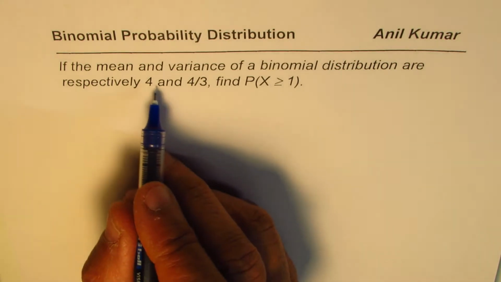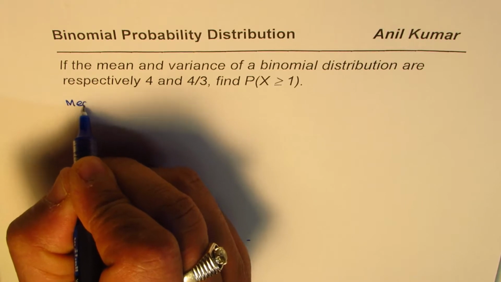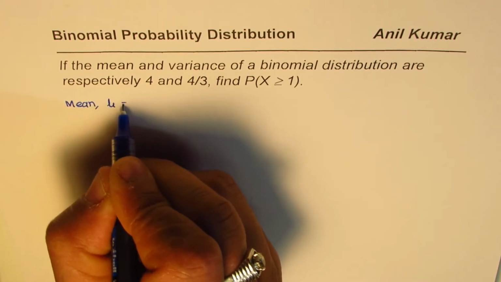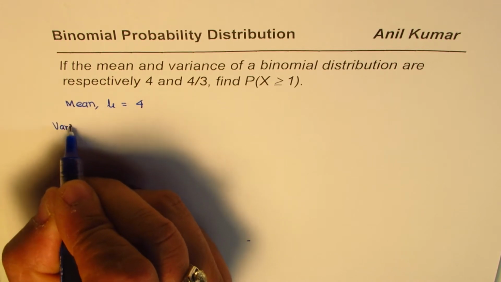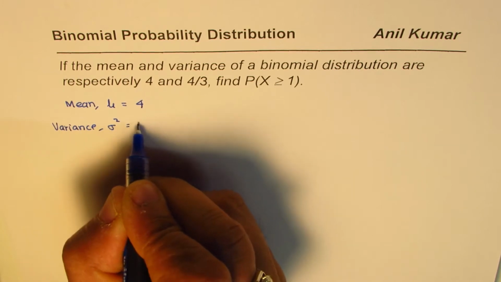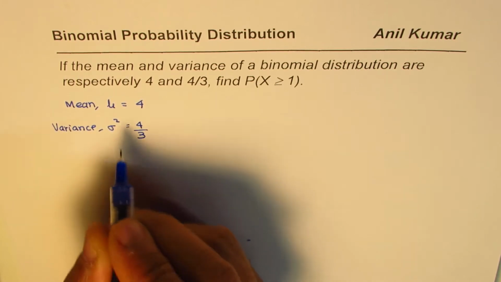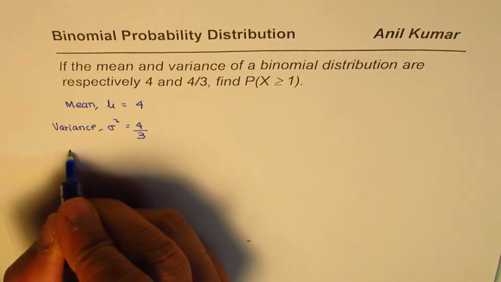Now let us see what is given to us. We are given mean, which is equal to 4, and we are also given the variance, which is equal to 4 over 3. Now we need to find first the binomial distribution itself.